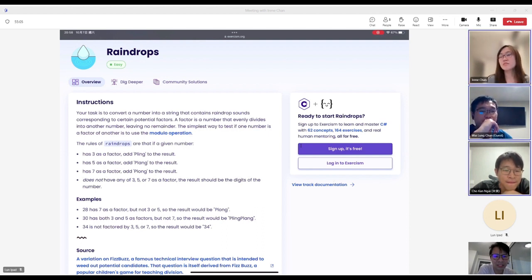If yes, then concat another string, pang. And the third if is to check whether it's divisible by 7, which means when divided by 7, whether it has a remainder or not. If no remainder, then concat the string pong, and then you return the result, right? Those are the 3 ifs you want to use.